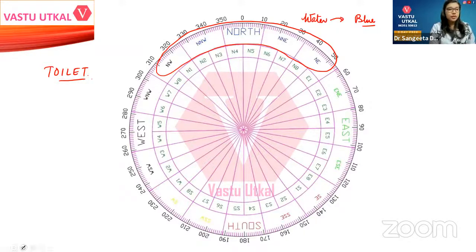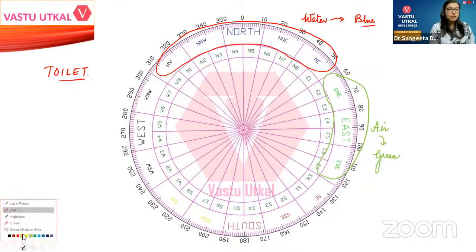What is to be done? I'll tell you. Second, the second one is the east side. Starting from ENE till ESE, they are governed by air element. So you must use green color. I think I should have used a single color. No worries. Let me use multiple colors.